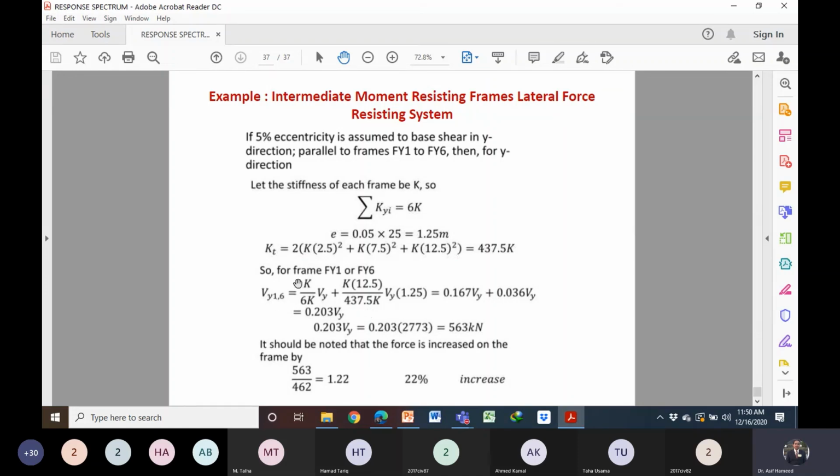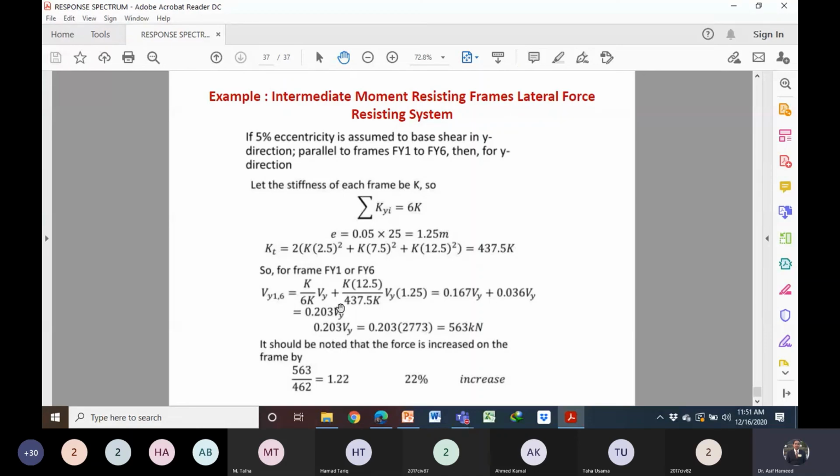Stiffness of frame 1 divided by the total stiffness, we have this value 6K, times total base shear, plus K times xi. For this frame, xi is 12.5, divided by the value of KT, the torsional stiffness, times total base shear multiplied by E. E is 1.25. So we can calculate this value. This is 0.203.